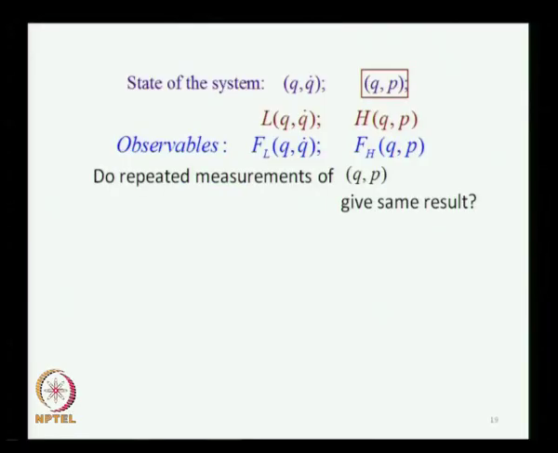Now, the question is, what would happen if you measure position and momentum? You carry out a measurement of position, record your answer, store it, then you carry out a measurement of the momentum, record that answer, you are happy, you can go ahead.